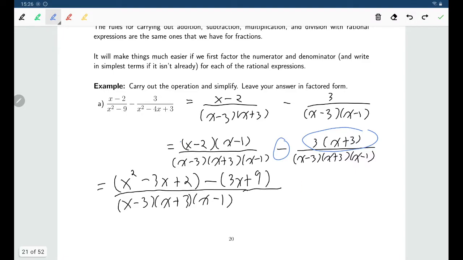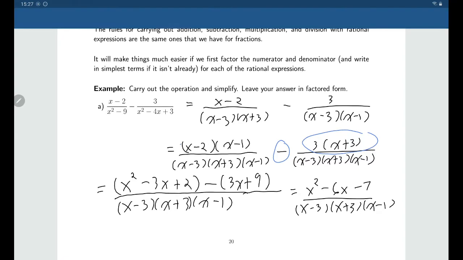And for the numerator, we now have x squared minus 6x plus 2 minus 9, which is negative 7, over x minus 3, x plus 3, x minus 1.